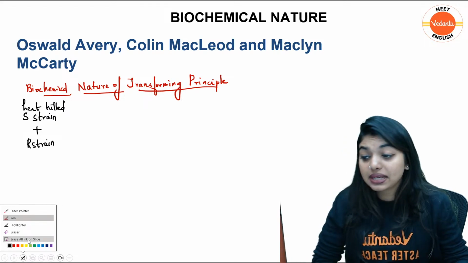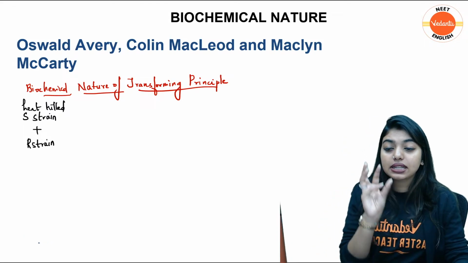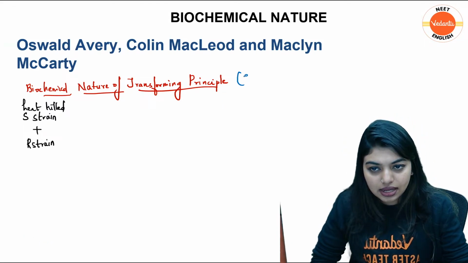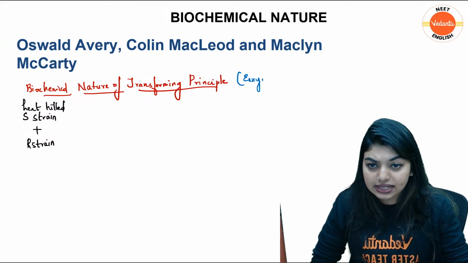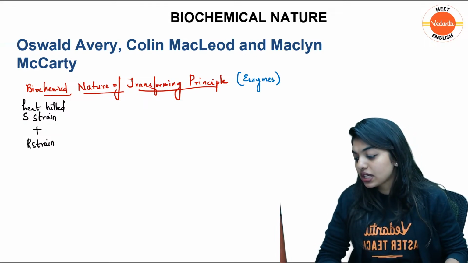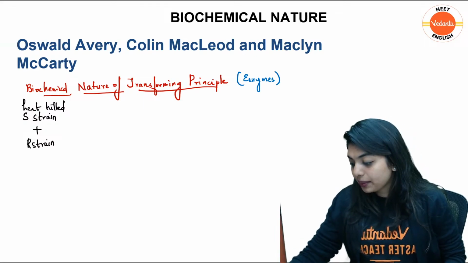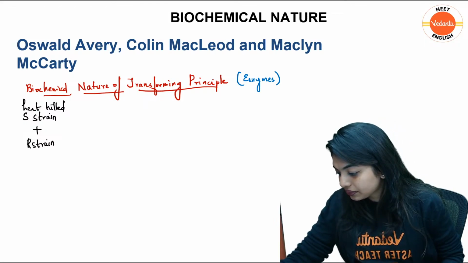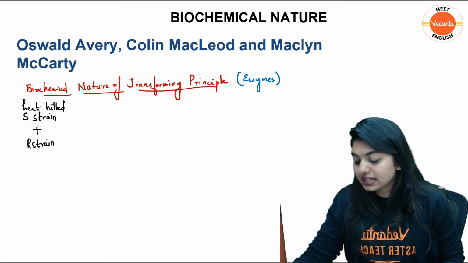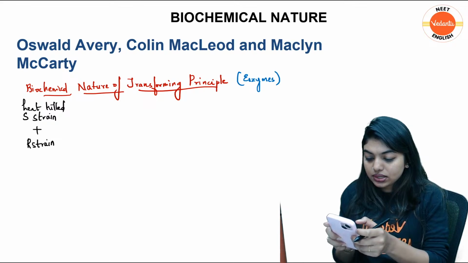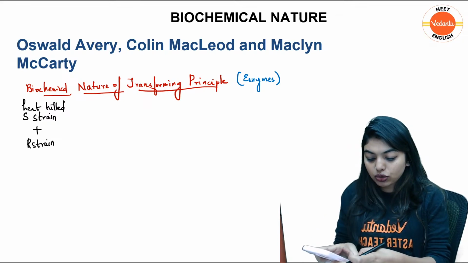So first, students, how did they do this? They basically took some enzymes. They took 3 or more enzymes, but only 3 are mentioned in your textbooks. So they worked on those 3 enzymes.